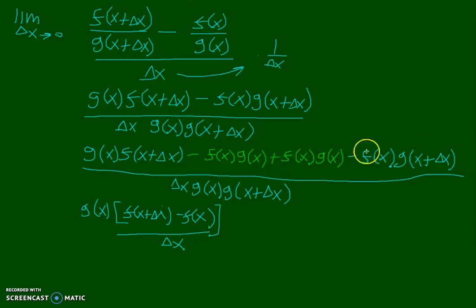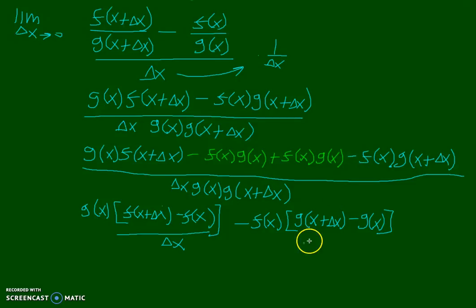And then we'll group these terms. In this grouping, we can factor out an f of x. Actually, if we factor out a negative f of x, we have g of x plus delta x minus g of x.